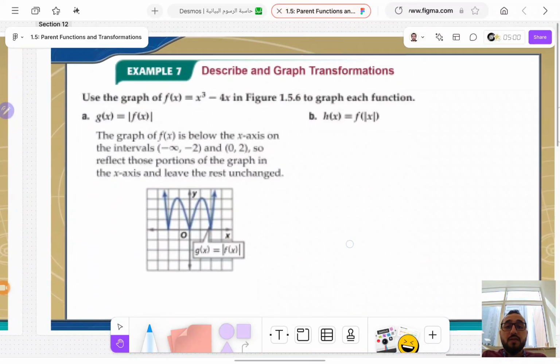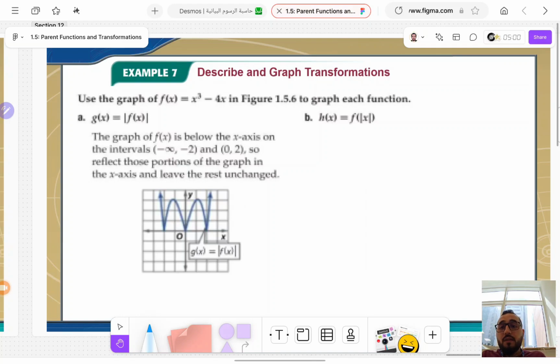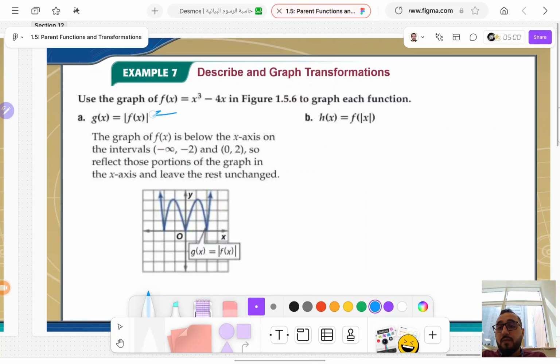Okay, look at this question. As you can see here, the absolute value is for all the functions, so that's why the function becomes like this. Now because this one is here, anything here will change. Okay, sorry, this is not the function. The original function is this one here. If I graph it, the function will be like this. 0, 2, -2.